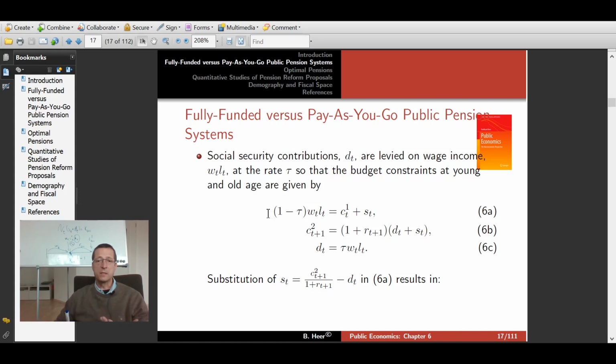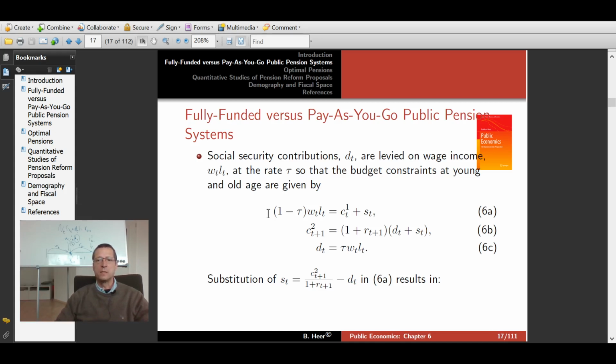When we are old, we get the return r_t+1 plus 1 on our savings, and also the government repays our contributions with an interest rate on top, the interest rate being equal to r_t+1. This is equation 6b, our consumption in old age. And our contributions D_t, which are repaid in period t+1 with an interest rate, are equal to tau times w_t l_t. That's our contributions.